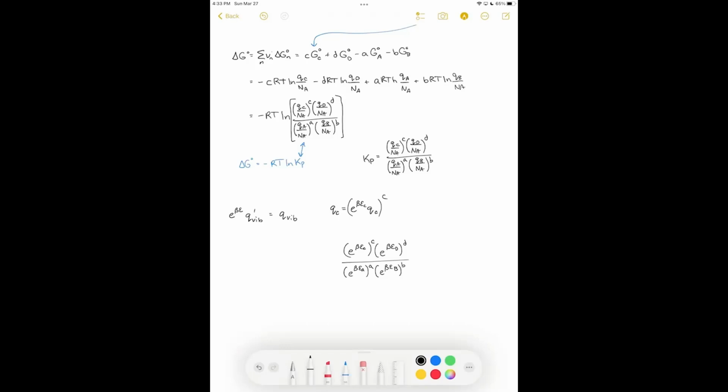Now, using our exponential properties, what we'll get is this is the same as e, and every term has a beta in it, so we can put a beta here, to the beta times c epsilon c plus d epsilon d minus a epsilon a minus b epsilon b.